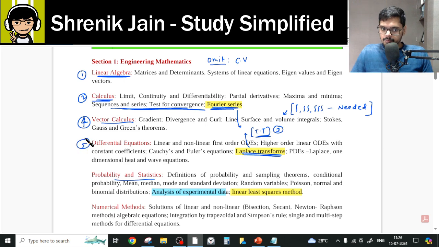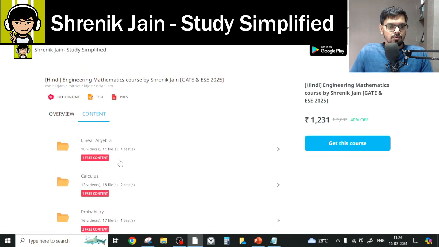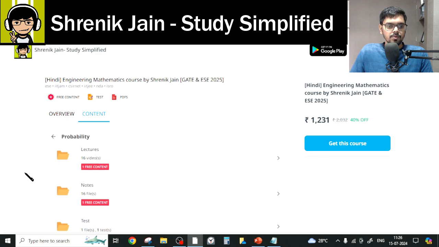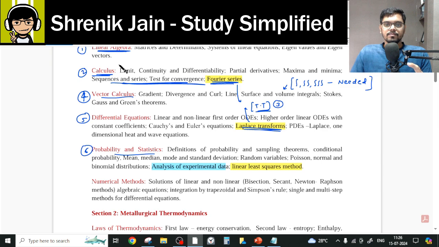Differential equation, complete you have to study. Probability and statistics, please make a note. I know that you will get confused here, so let me show you by opening the folder of probability and going to the lectures. Basics of probability, you have to study. Then this is statistics, this is random variable, this is probability distribution.